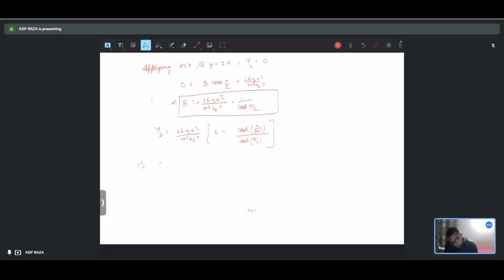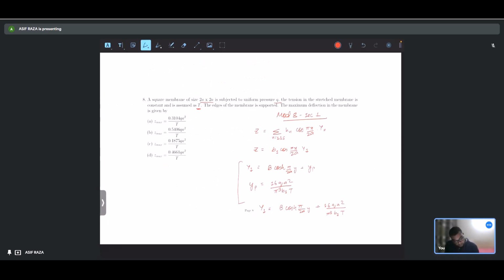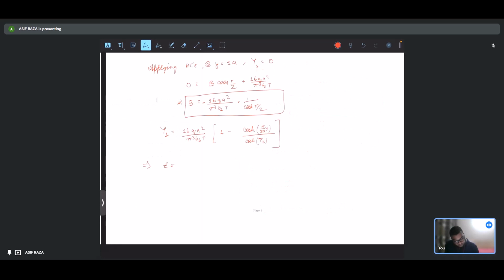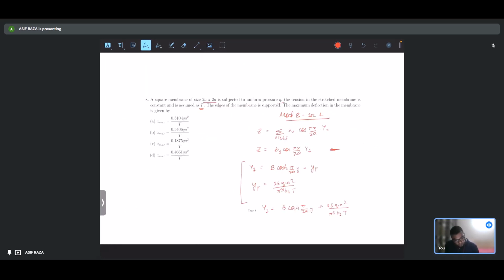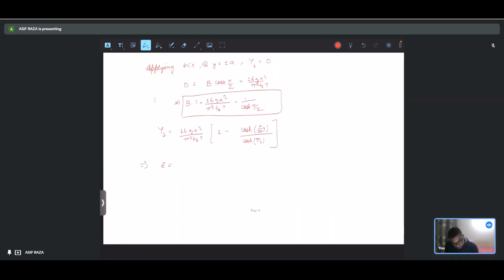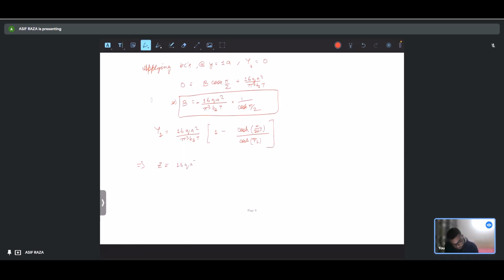This implies our deflection would be, using the relation, 16 q a square upon pi cube t times cos(pi x by 2a) times 1 minus cos hyperbolic of (pi y by 2a) upon cos hyperbolic of pi by 2.